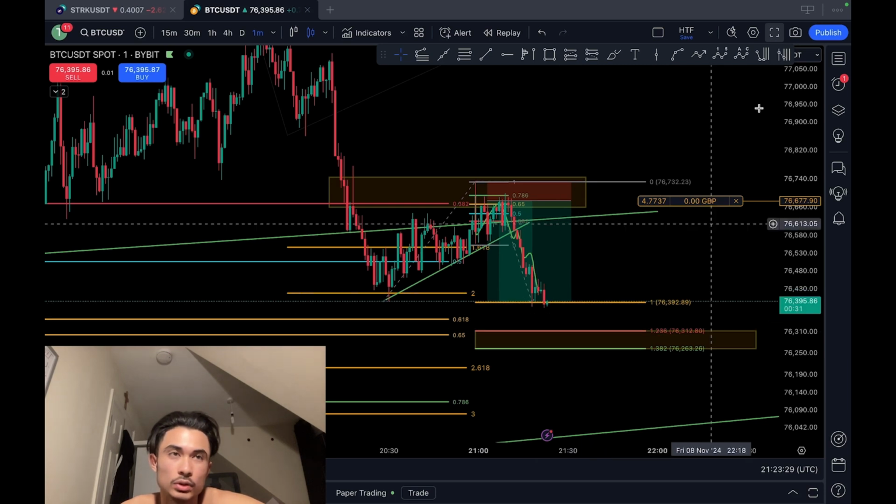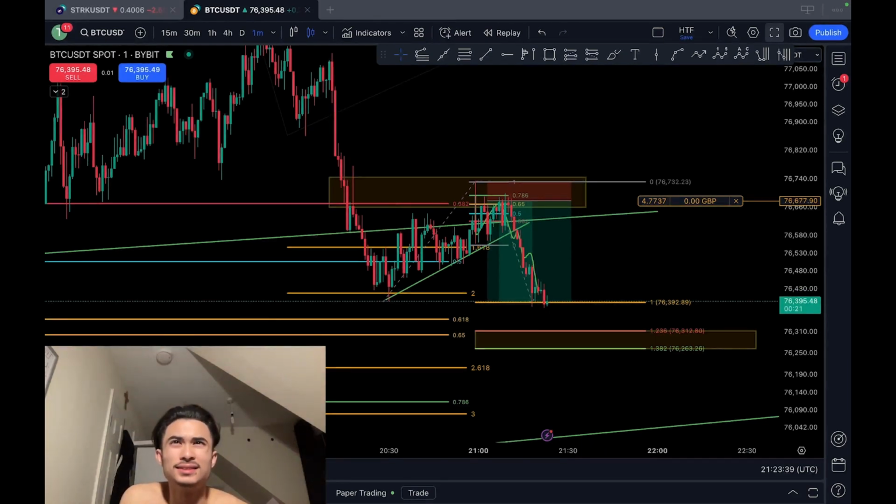Nearly there, guys. I should break the 1-to-1. All right, guys. It's kind of late at the moment, 10:45 p.m. As you can see, an update from this trade is stop loss at break even and TP at the 1.236 level. Now I could target the 1.382, but I'm going to be safe. That would be an extra 2.4, an extra RR on top of my 3.6, so that'll be 2.5-ish.